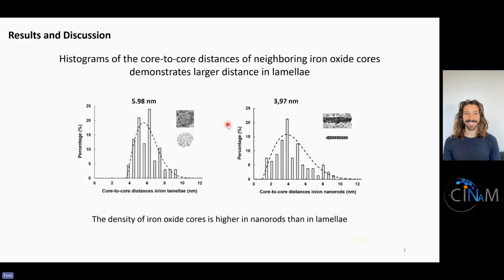That means we applied external magnetic field, and this magnetic nanoparticle will move really quickly and produce heat that will kill the cancer cell.